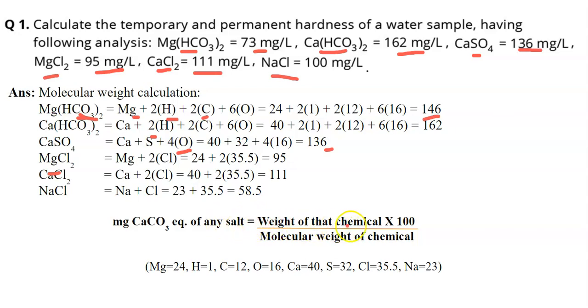It is equal to the weight of that chemical, which is given in the question as 73, 162, 136 for each salt, upon the molecular weight of the chemical, which we have just calculated, into 100. Here you can see the atomic weights of all the atoms. You can note them down and learn them, as they will be asked frequently.